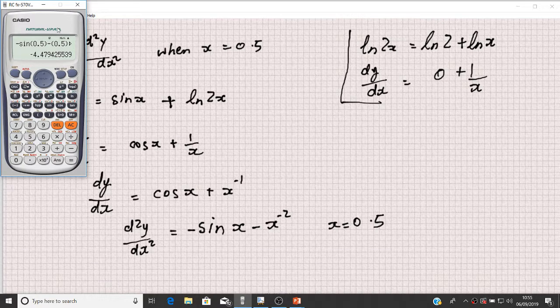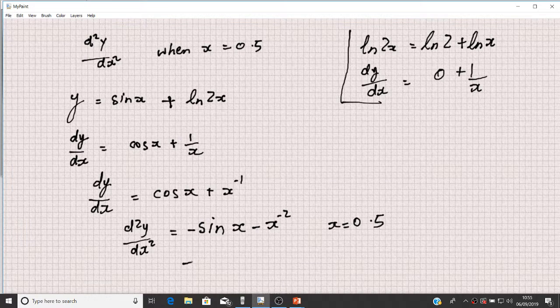And the answer we get is negative 4.479. Let's say three significant figures will be negative 4.48, minus 4.48, that's correct to 3 SF. And that's it for this video. So thank you for watching.